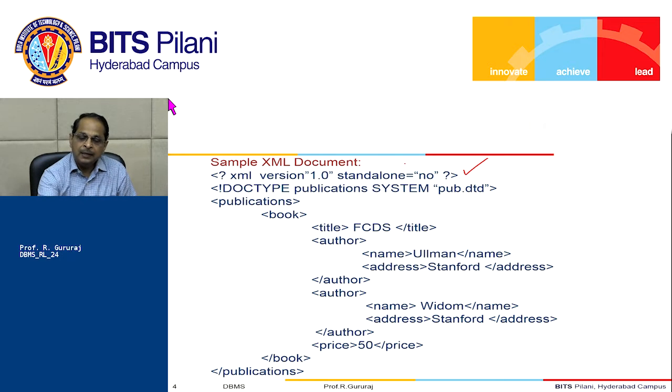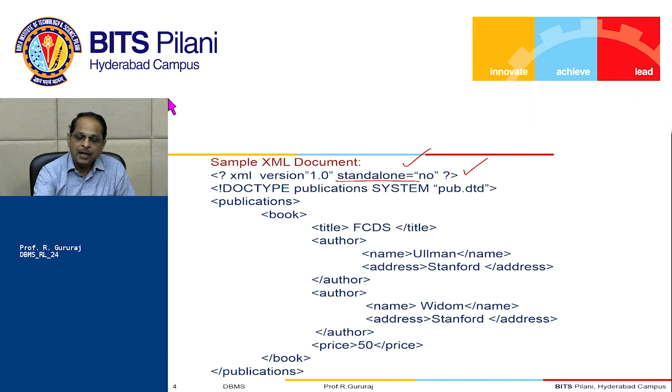The second component of this first line says whether it is standalone, yes or no, a boolean, meaning that if standalone is yes, it says that no DTD is associated with this document, that is, no proper structuring is defined. Okay, so you can create your XML document with whatever choice you wish.